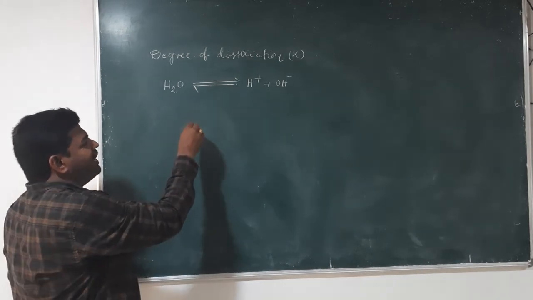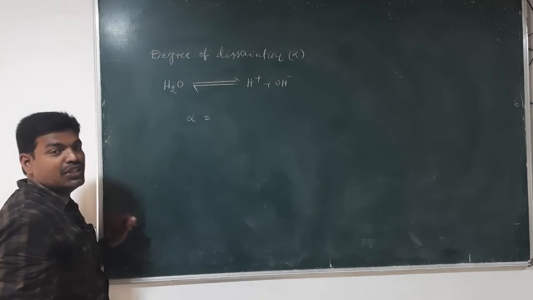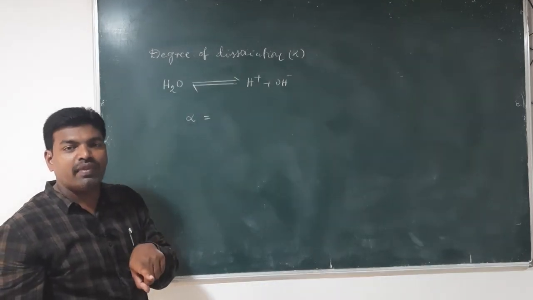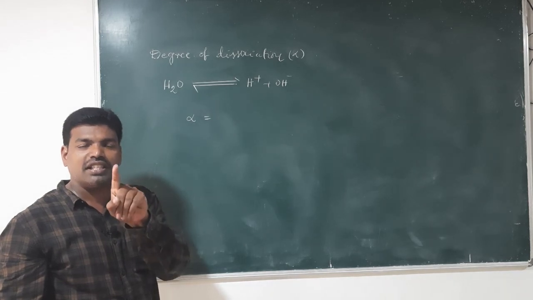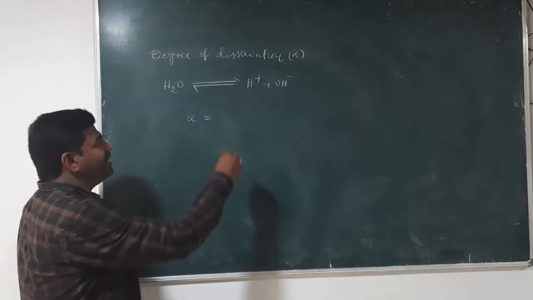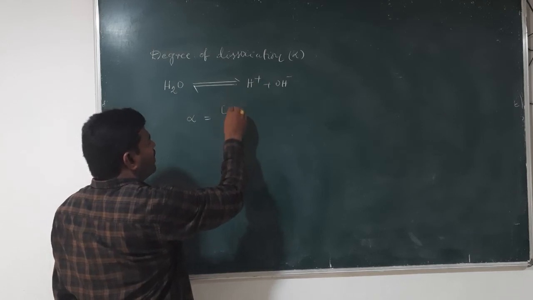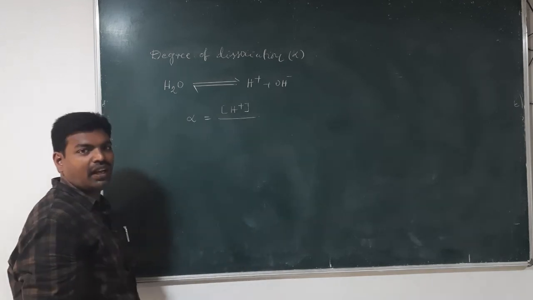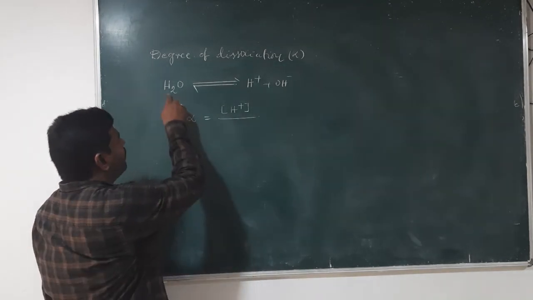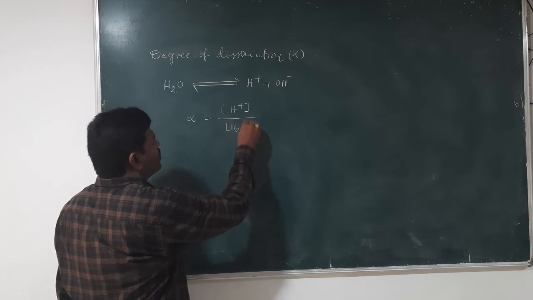Already I told you that alpha is a ratio of dissociated species to undissociated acid or base or something else. Here the dissociated species, I shall take H plus ion, and the undissociated species is the undissociated water, H2O.